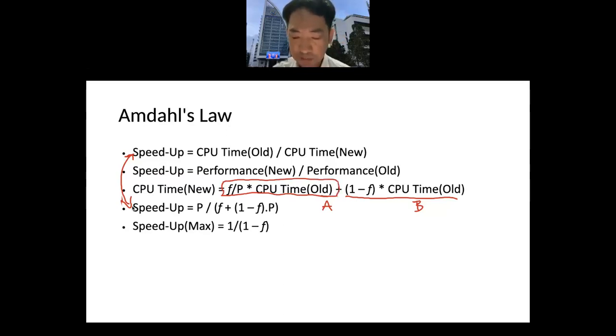We have only part B. So we cross part A out. So the CPU time of the new system has only the time that we spend on part B, which is 1 minus F times the CPU time of the old system. And we just substitute this part into the above equation. Finally, we get this one.